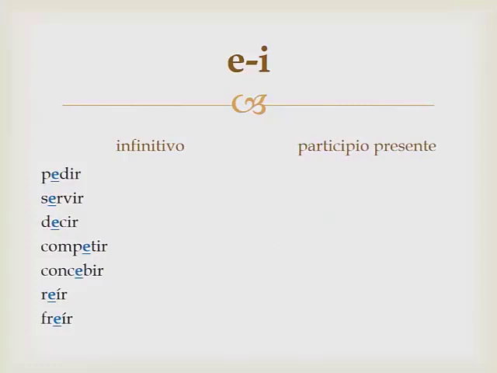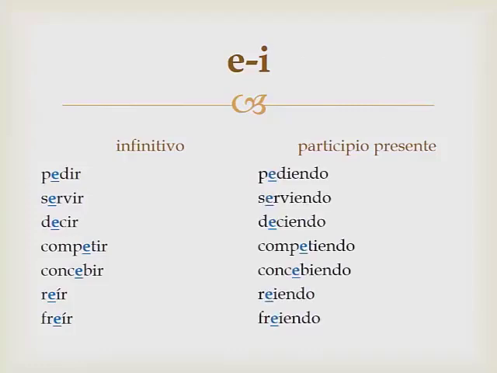These verbs all have an E in the stem, and for whatever reason, when we do the present participle, it's going to change to an I. So pidiendo, ordering or asking for. Sirviendo, serving. Diciendo, saying. Compitiendo, competing. And concibiendo, conceiving.